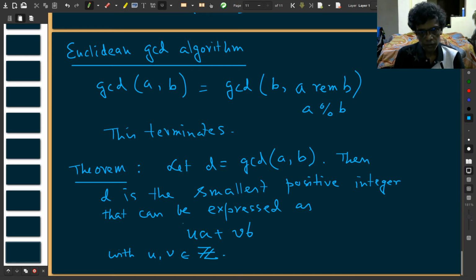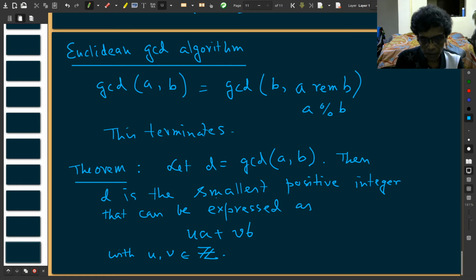Okay, so we have spent quite some time on this U and V part, and we have proved constructively, that is using a couple of explicit algorithms, that this U and V exist. So definitely D can be expressed as UA plus VB. The only thing that we want to establish now is that this is the smallest positive integer which has this property.